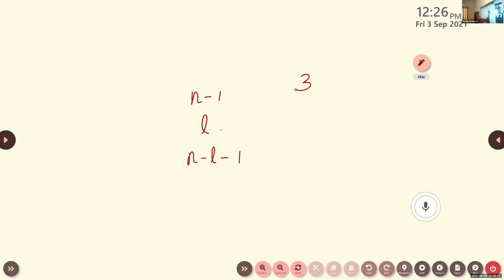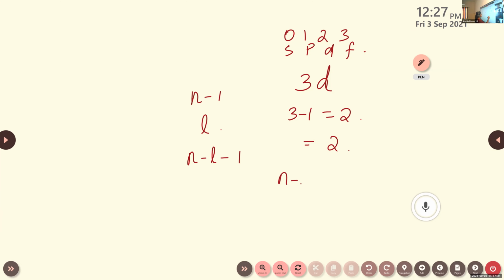If it is 3d, what will be the total number of nodes? n minus 1, right? So 3 minus 1 equals 2. And the angular nodes, here it is d. The values for the subshells are s, p, d, f, so the value of L equals 2.